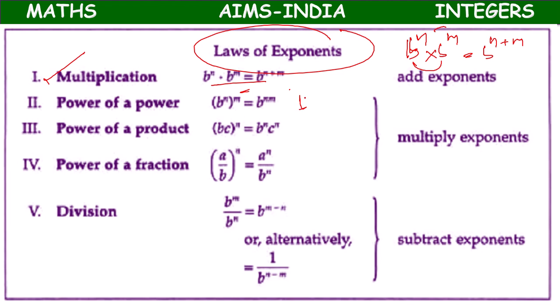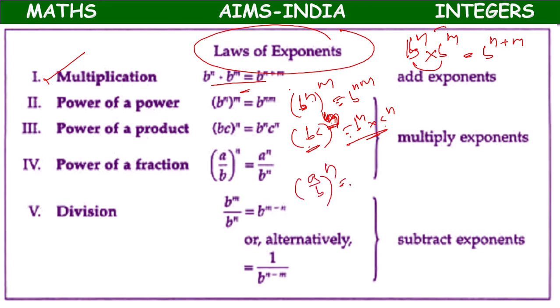Power of power: b power n whole power m, then the two powers are multiplied. Power of a product: (bc) whole power n is b power n into c power n. For a fraction, (a by b) whole power n, numerator gets power n and denominator gets power n.